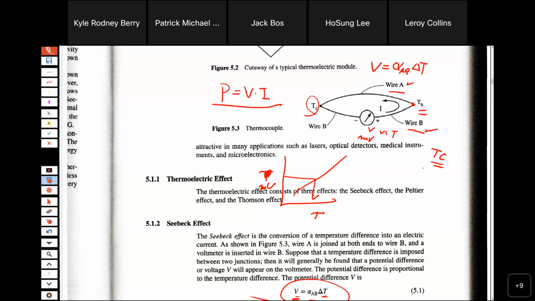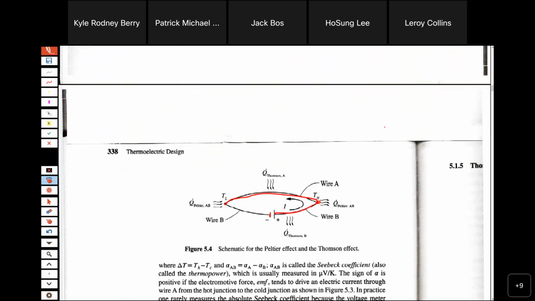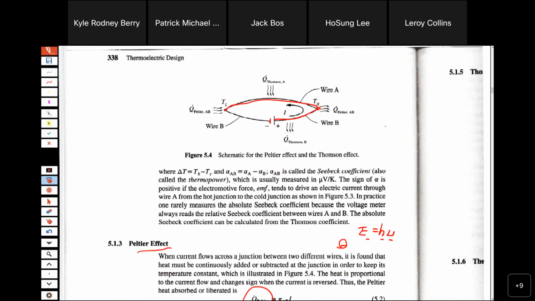So we understand the thermocouple, and we understand the thermoelectric generator. That's the Seebeck effect. Now, we look at the refrigerator.